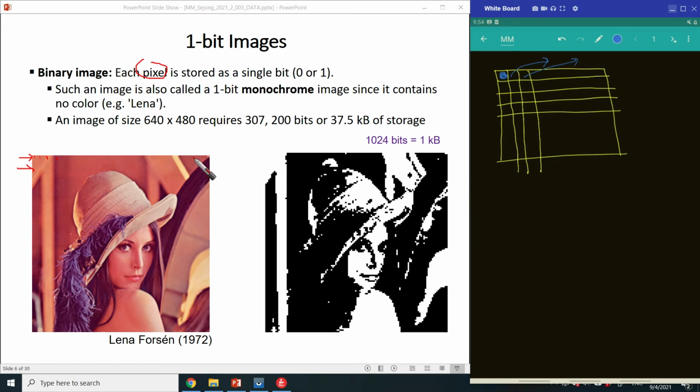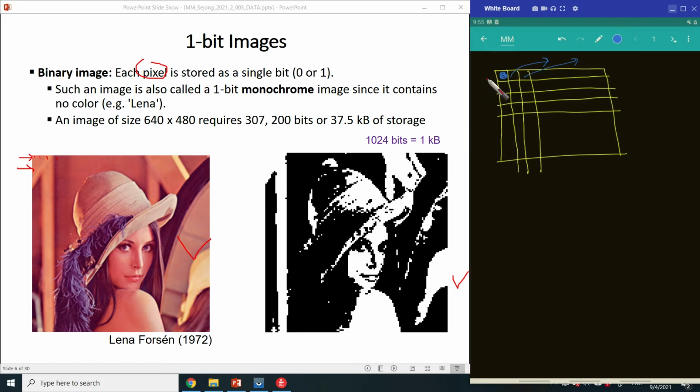If we go in this way, we can form a black and white image, or we can also say monochrome image. So exactly this picture is a black and white version of this picture. In these pictures, any pixel you choose is completely black or completely white, and still we can imagine the photo, right? That kind of image we call a monochrome image.